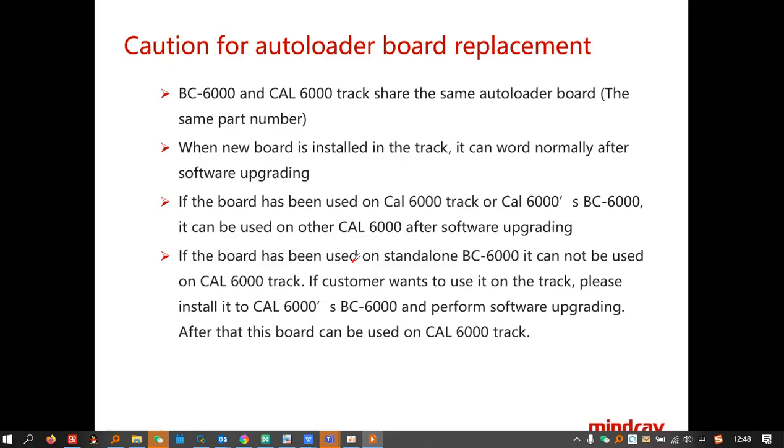But if the board has been used on a standalone BC6000, we need to install it to the analyzer on the KEL 6000 and upgrade, and then you can use it on the check.